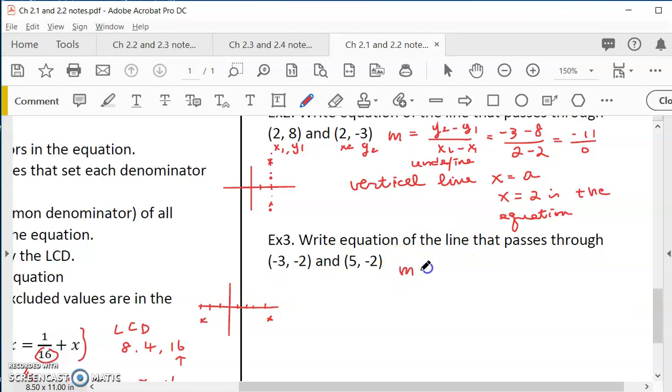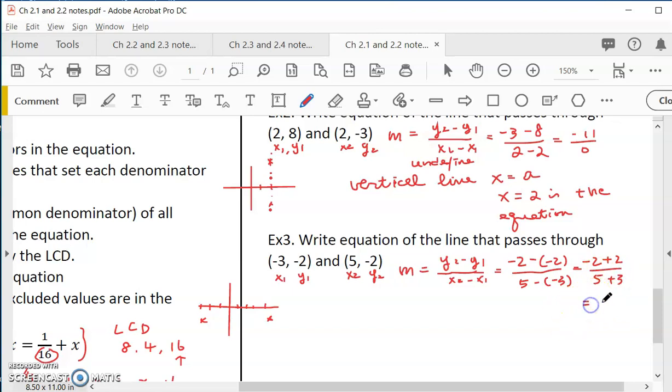So let's do m, and label x1, y1, x2, y2. Slope is y2 minus y1 over x2 minus x1, the change of y over the change of x. y2 is -2, y1 is -2 also, but I subtract it. x2 is 5 minus -3, so I would have -2 plus 2 divided by 5 plus 3.